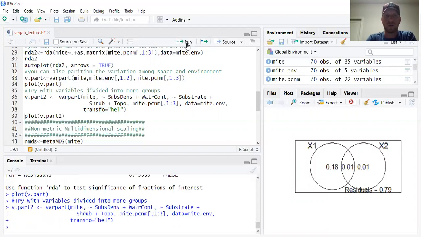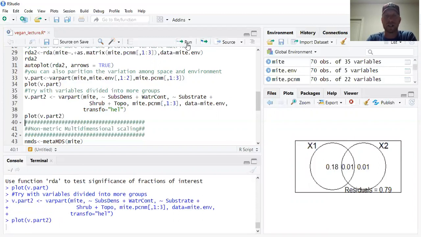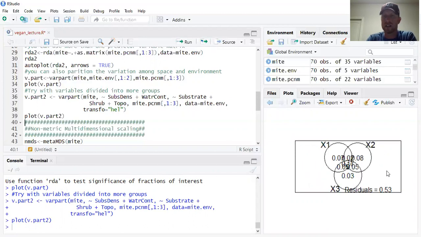So we'll run that and then just have a look at the plot. What I want you to notice now, and I'll zoom in on this, is that we have 3 circles in our Venn diagram. The variation explained by the continuous environmental variables was about 7%. When we broke those out into categorical environmental variables, that was about 8%. And when we used space, it was about 3%.